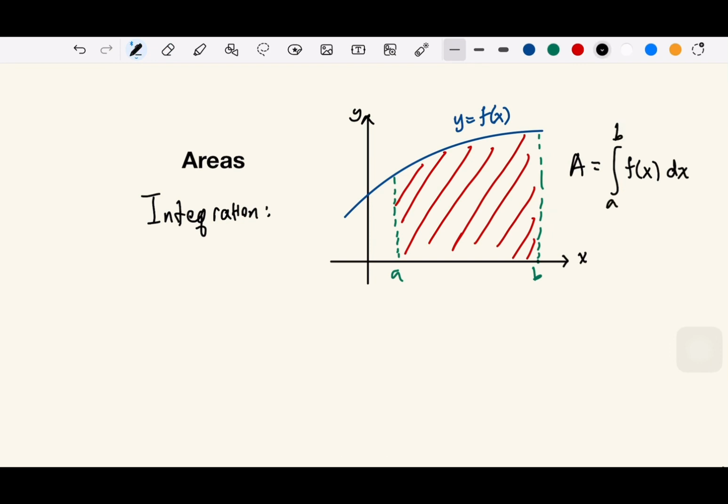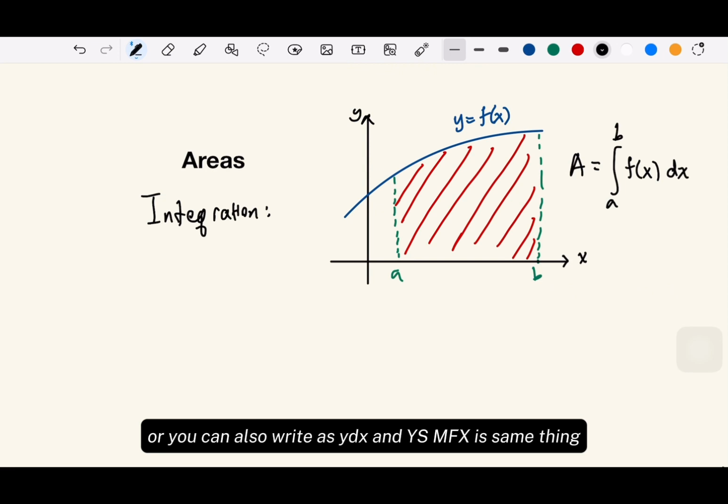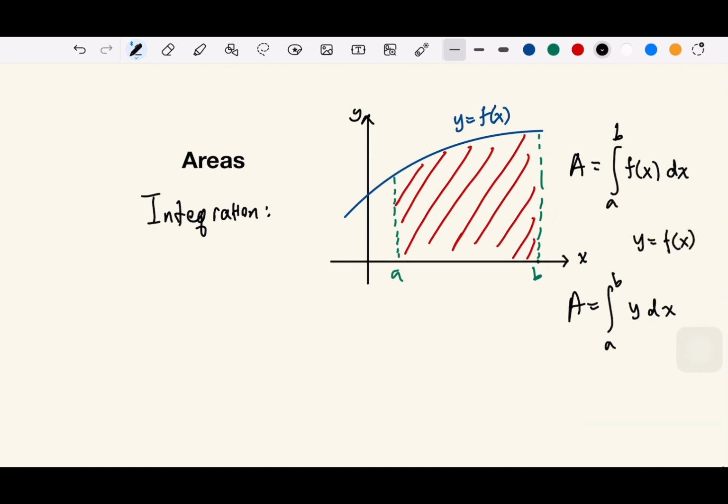Or you can also write it as y dx, and y is f of x, same thing.